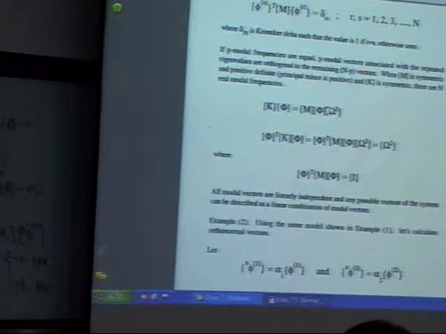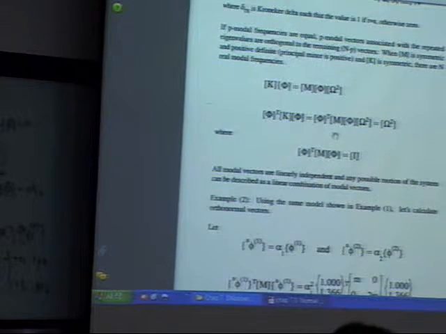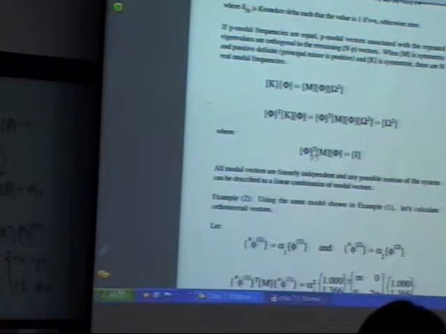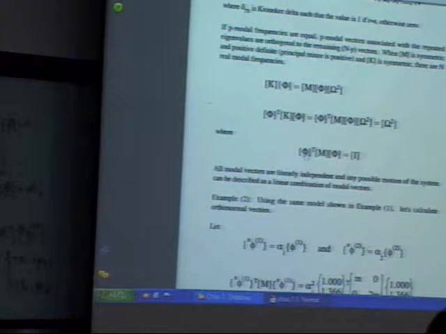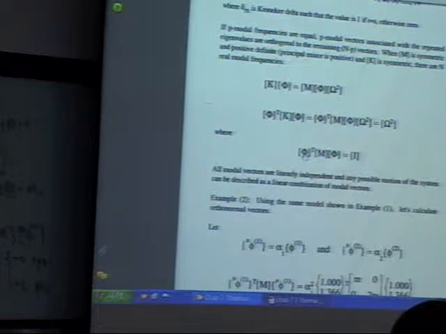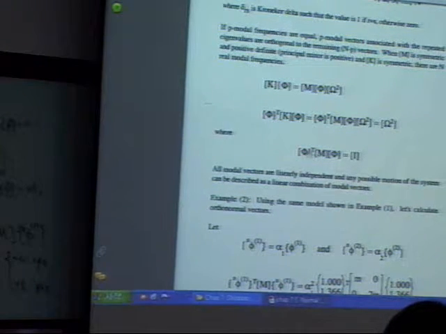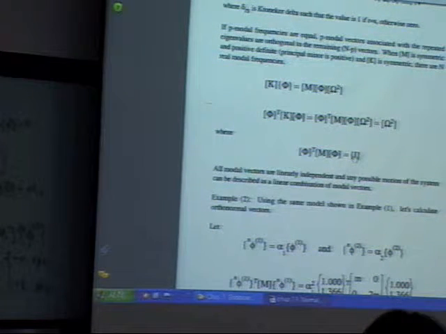Omega squared is a diagonal, okay, and as you see here, if this is the orthonormal eigenmatrix, then this is going to be the identity matrix.